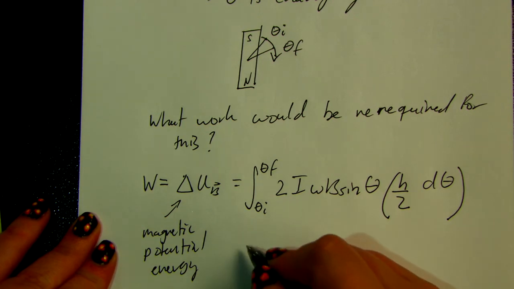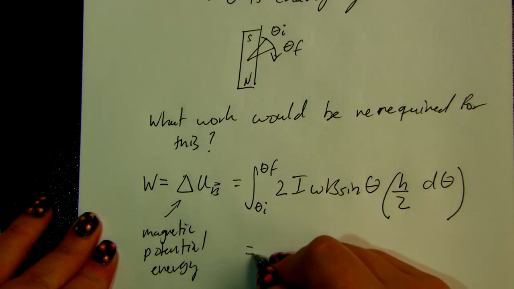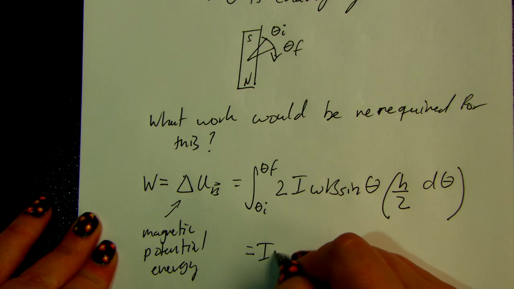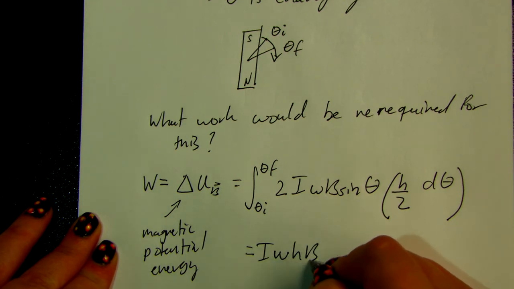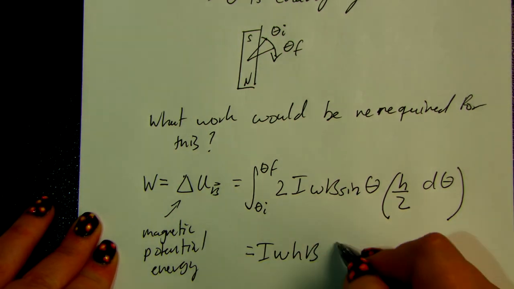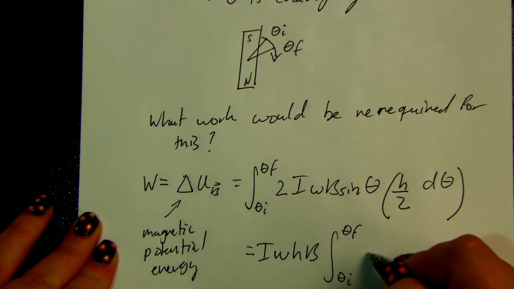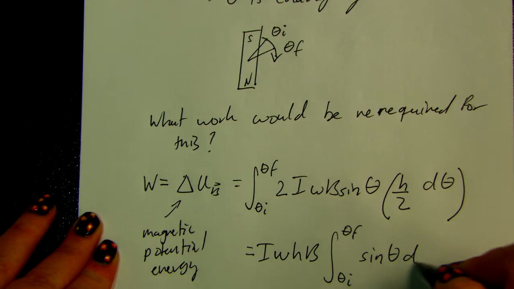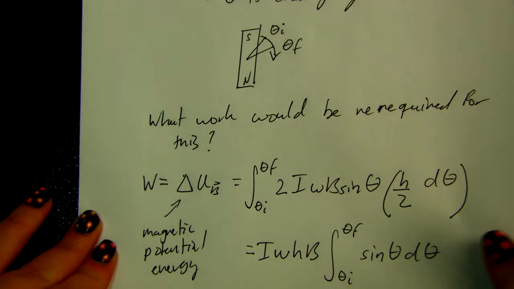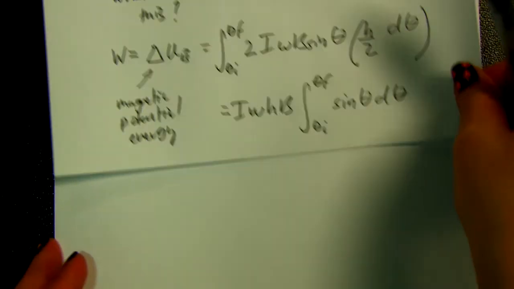And so this is equal to I w h B. We're going to pull our constants out in front, integrated from the initial theta to the final theta, sine theta d theta.